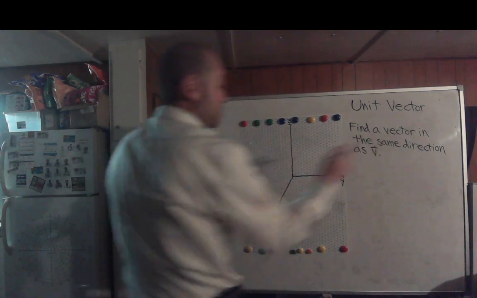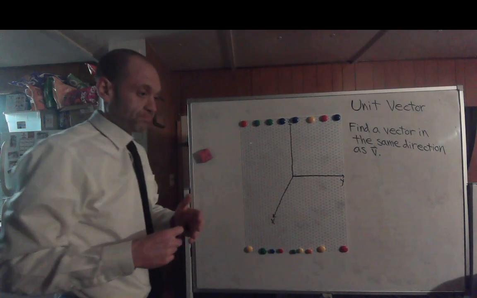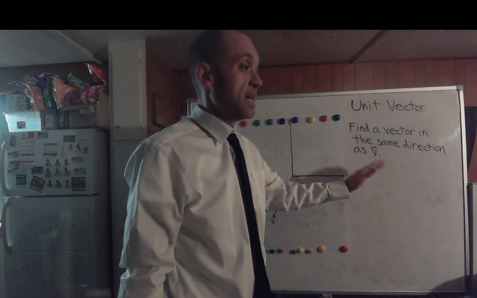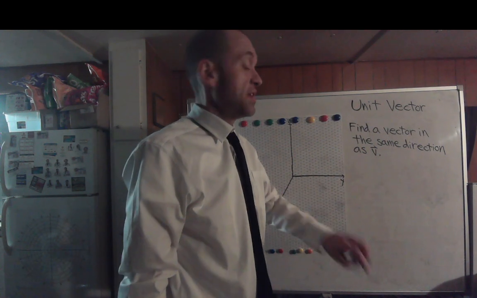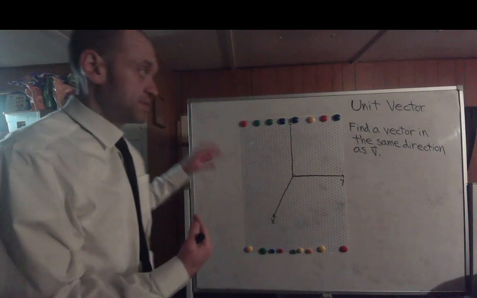They may also ask you to find one in the opposite direction as vector v. In the same direction as vector v is going to be a positive scalar on vector v. In the opposite direction, it would be a negative scalar to denote the opposite direction.